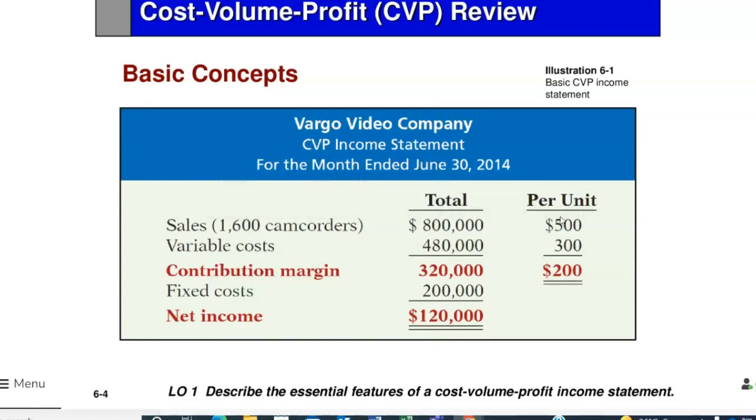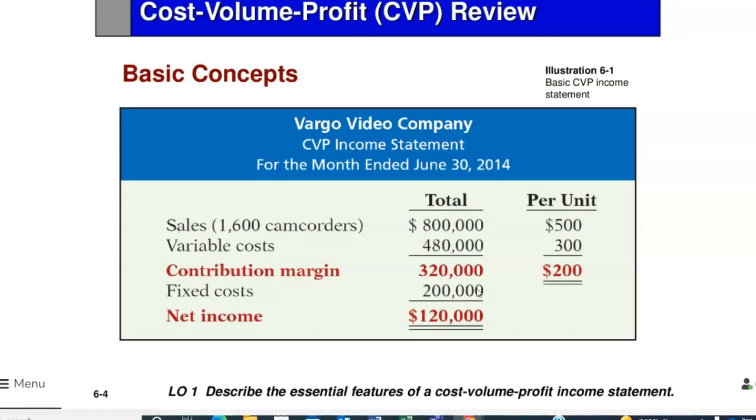And here it is. Here's a cost, volume, profit income statement. This company, Vargo Video, sold 1,600 camcorders at 500 each, so 800,000. It cost them, in terms of variable costs, 300 for every unit they sold. And therefore, we have what's called the contribution margin.